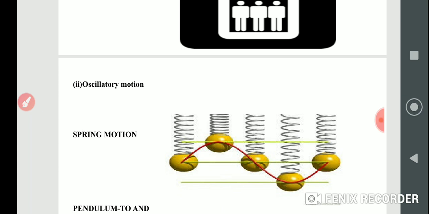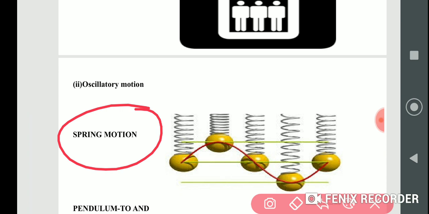For this explanation, first we discuss the spring motion. Oscillatory motion means if any body is moving to and fro from its mean position, then the motion of the body is called oscillatory motion. What is the mean position? The position of rest.